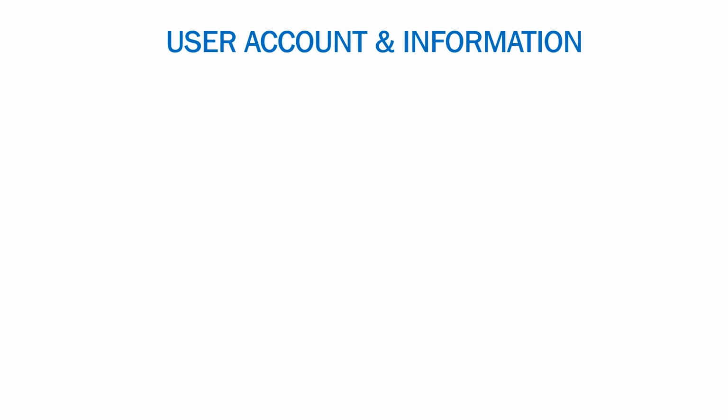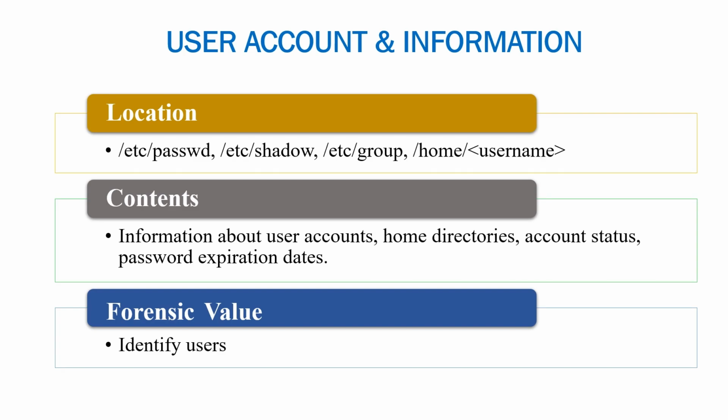So the next artifact is user account information. User account information is stored in the /etc/passwd and /etc/shadow files. These files contain the information about the user accounts such as username and password. Passwords here are stored in hash format.